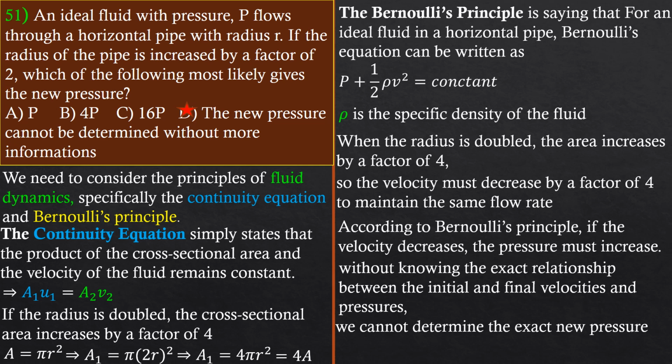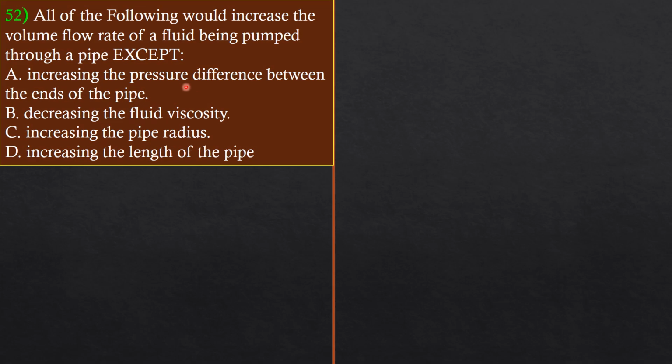Okay. Let's look at question 52. It reads that all of the following would increase the volume flow rate of a fluid being pumped through a pipe, except. Guys, this is from the same concept known as fluid dynamics. But in this case, since the fluid is in motion, it is now fluid mechanics. Great.